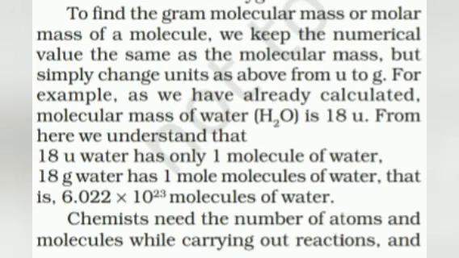For example, as we have already calculated, the molecular mass of water is 1 multiplied by 2 for hydrogen and 16 for oxygen, added up we got 18 u, that is mass unit. From here, 18 u corresponds to 1 molecule of water, and 18 gram of water has 1 mole of molecules of water. So here we are expressing molecules in the unit of moles.